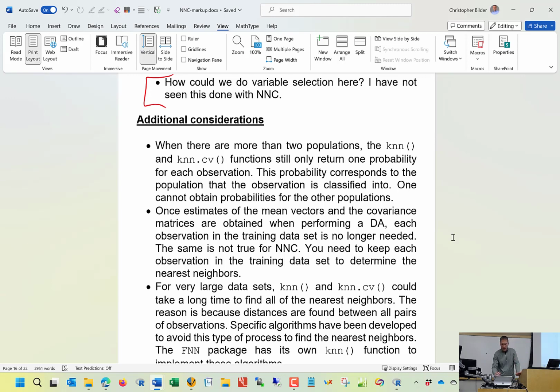So if I have, let's say, groups 1, 2, and 3, and let's say the prediction was 2, what R will come back and tell me is that for, let's say, group 2 for observation 1, it was 0.4. It does not give you information about group 1 and group 3.